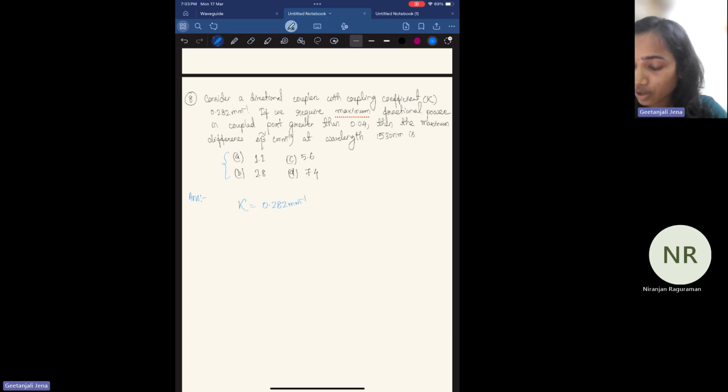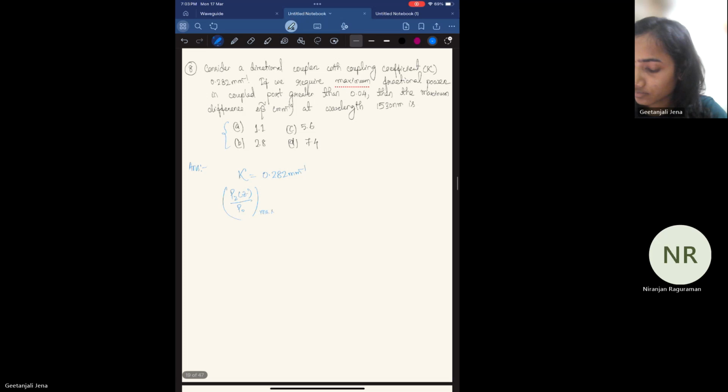Coupled port means the power in the second port. So if you recall, P2 of z by P0 is kappa square over gamma square sine square gamma z, and the maximum is kappa square over gamma square.